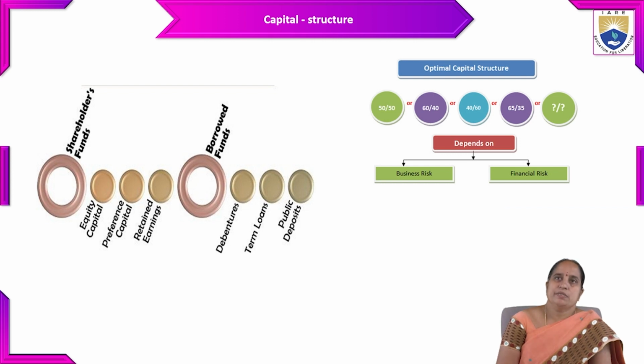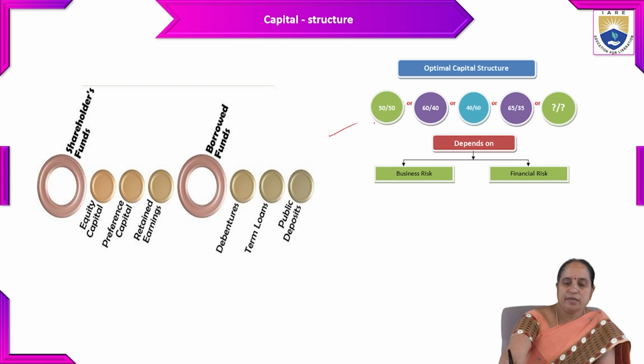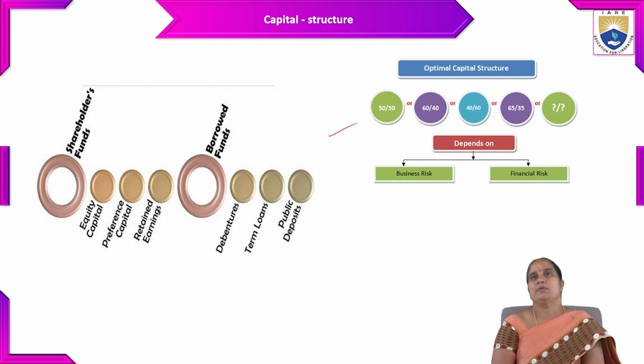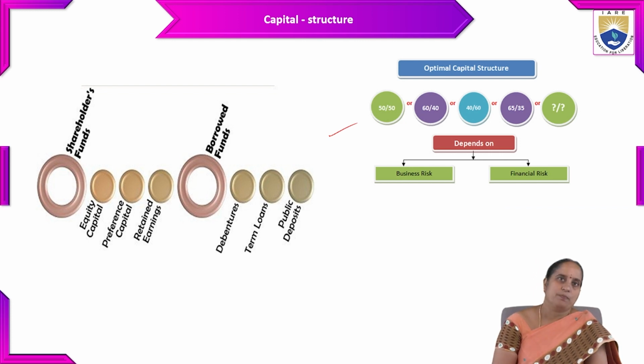If you see this particular diagram, it is 50-50, debt by equity. Debt 50% means equity also 50%. Out of 100%, you may take the proportion as 60-40 or 40-60, 65-35, and so on. It depends on the business risk and financial risk. Based on that, we decide what will be the optimum capital structure of a firm.